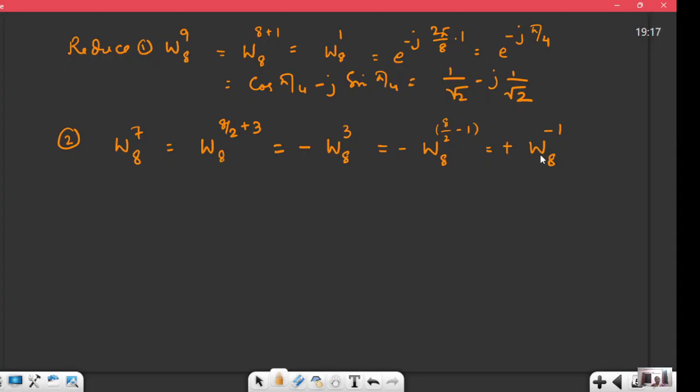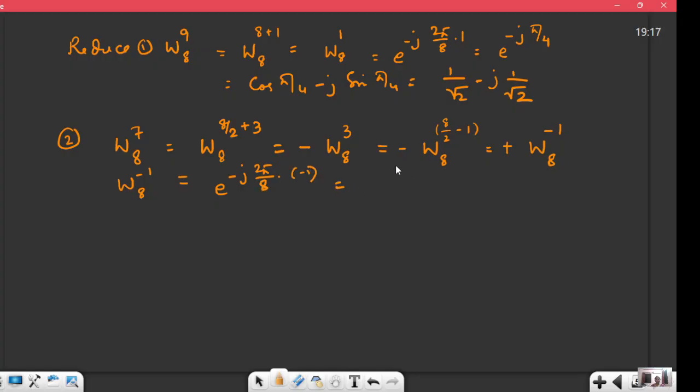Then what is the value? Now we can calculate it. W8 to the power minus 1 is e to the power minus j 2 pi by 8 into minus 1.